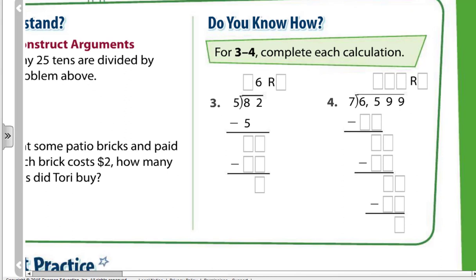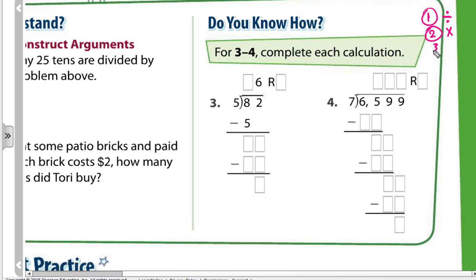Okay, my heroes, before we start, I want to write the steps that we are using. And everyone with me, the first step is estimate division. The second step is multiply.